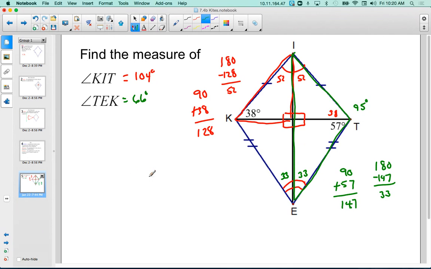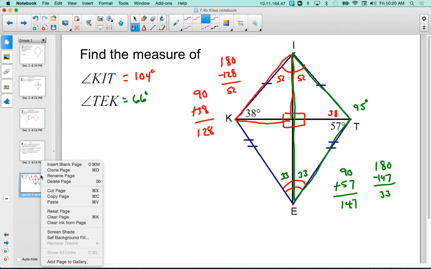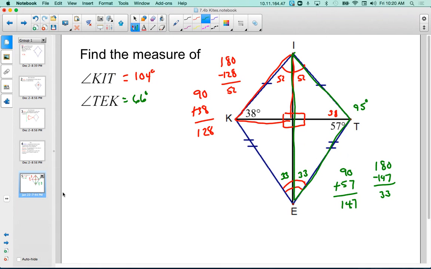I do want to let you guys know that there is a system of equations problem on your homework. There is one of those on your homework, and you just need to be careful about how you set up your two equations.